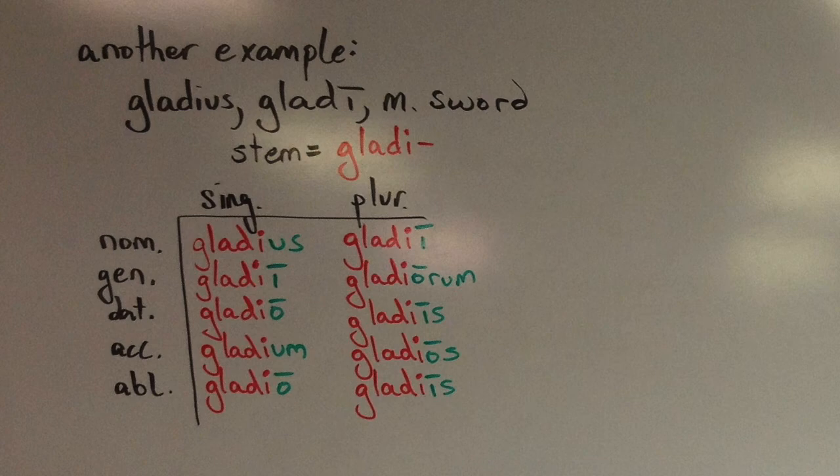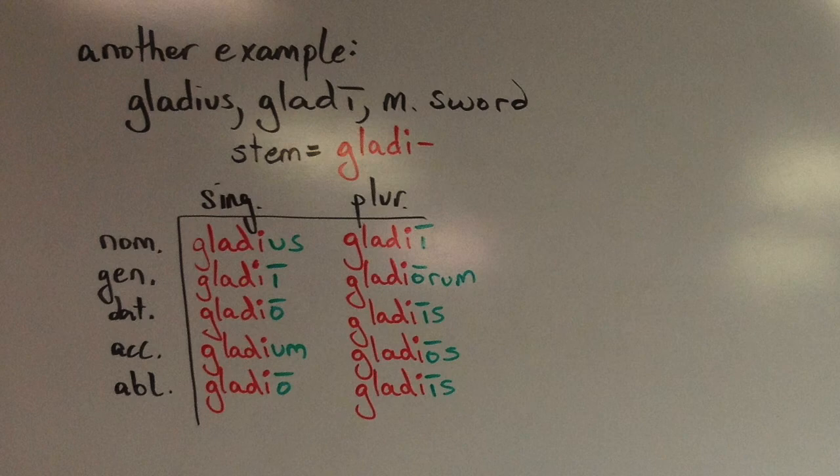And then once again in the plural, we would get gladii, two I's, one from the stem gladi-, one I from the ending -i. In the genitive, gladiorum. And then gladiis, once again, two I's, one from the stem, one from the ending. Gladios, gladiis, two I's, one from the stem, one from the ending.